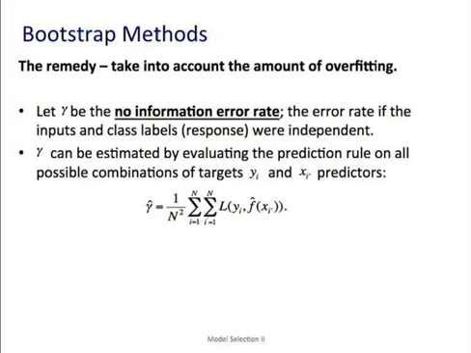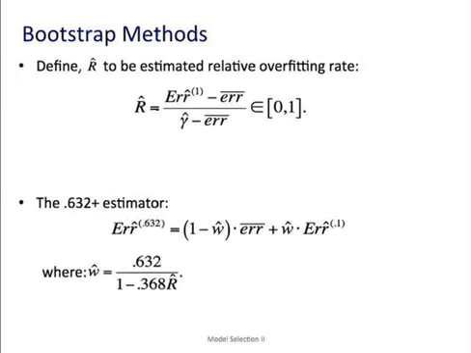So in practice, you can empirically figure out what that no information rate is by simply shaking up the data, just like you would shake up a snow globe, repeating the process of doing the classification or regression, figuring out what the no information rate is. Okay, so that would be the estimation of gamma.